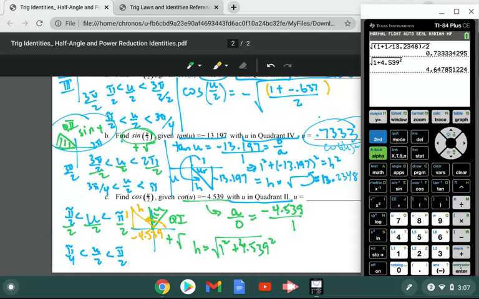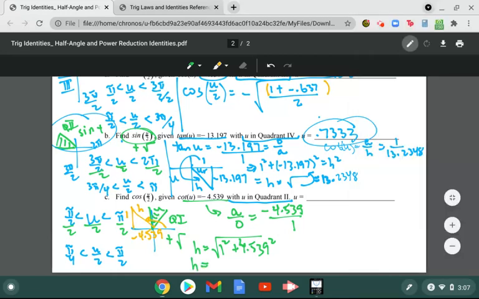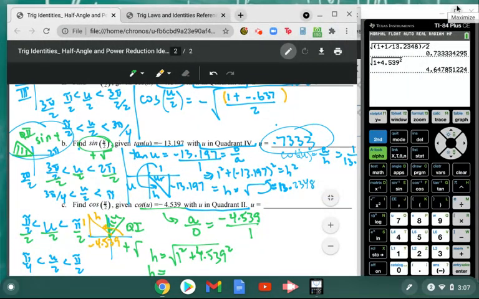Enter. 4.6479. So hypotenuse is about 4.6479 or 785.